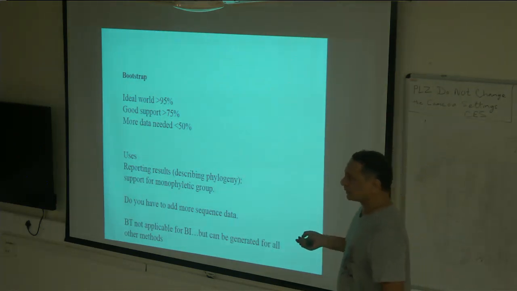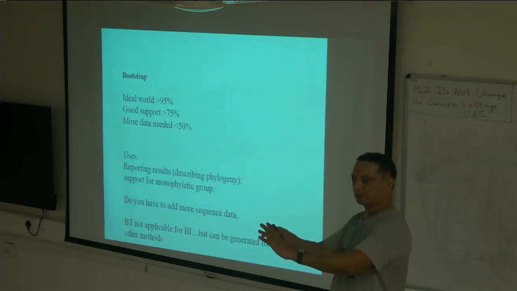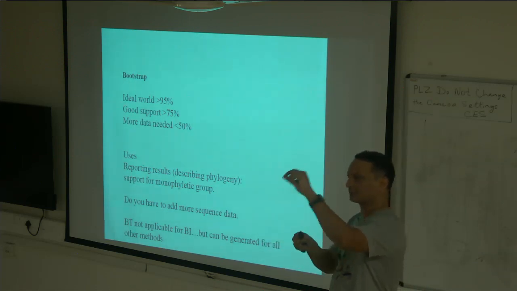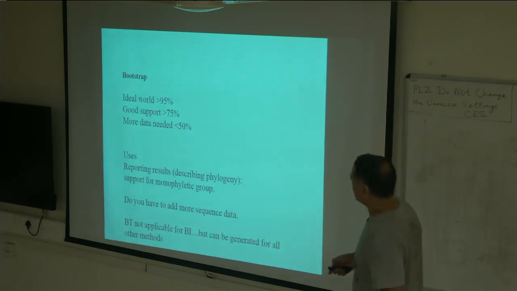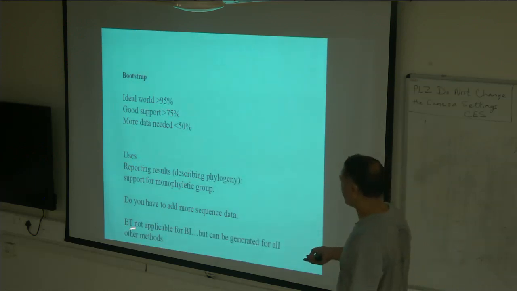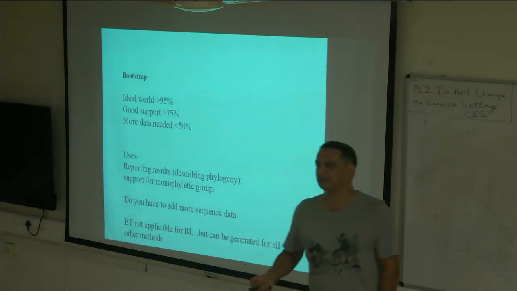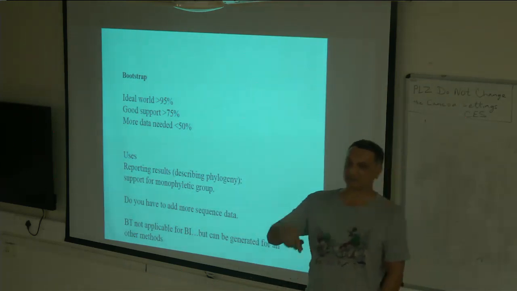Bootstrapping is very important because when you're reporting your result and showing your phylogram, you should always give bootstrap support. I already mentioned that. Of course, bootstrapping is not applicable in Bayesian analysis because there you get posterior probability.